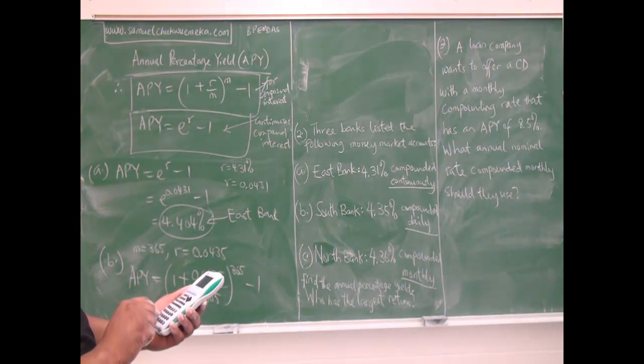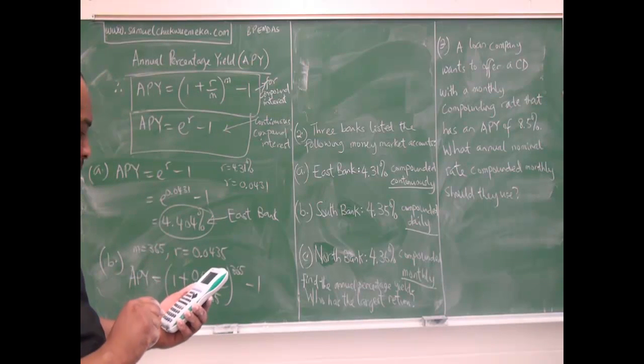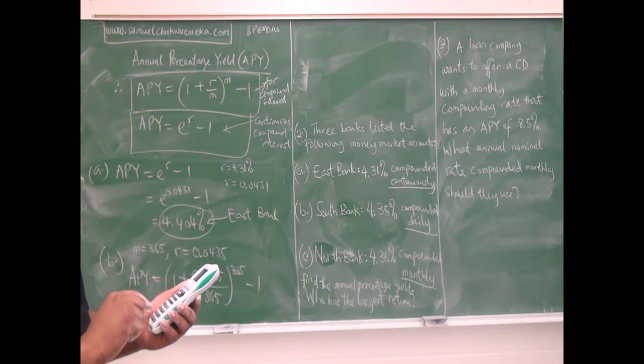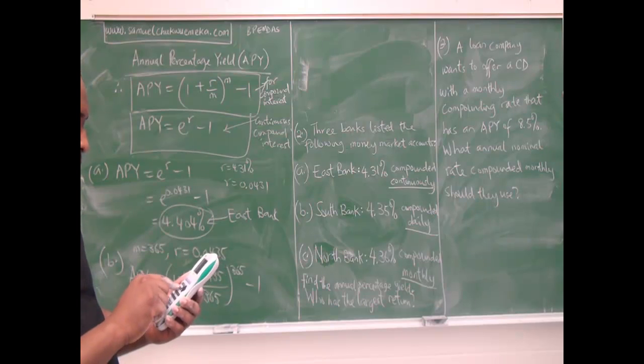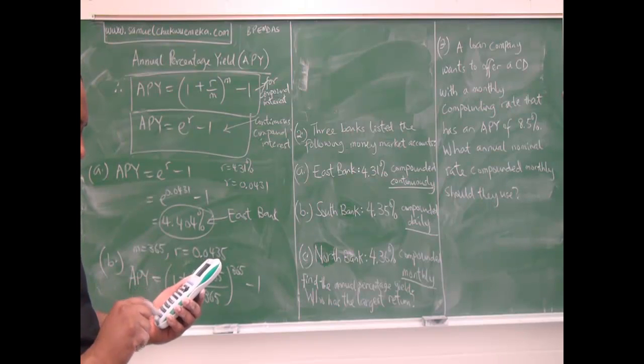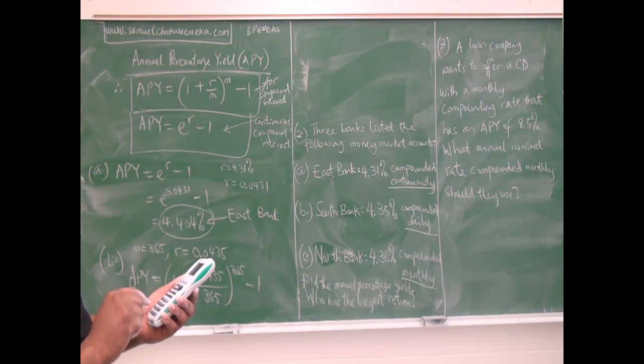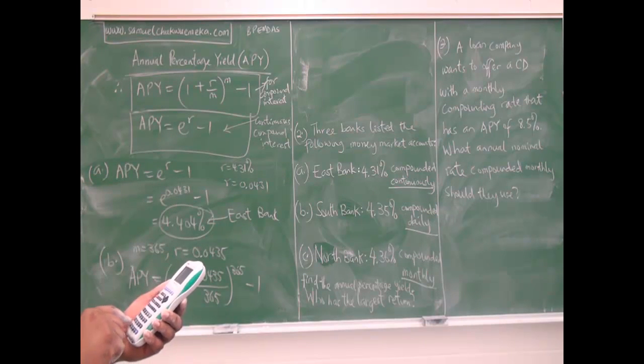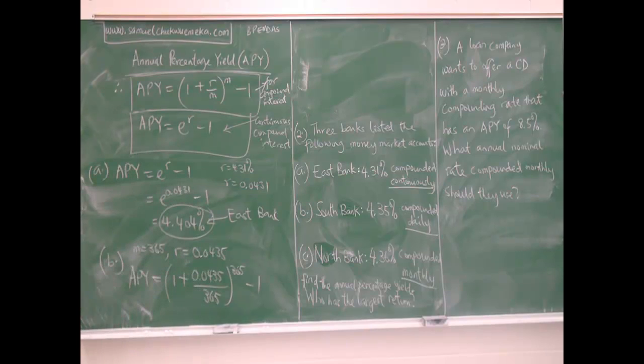So 0.0435 divided by 365 gives you that, then plus 1 gives you that, then raised to power 365 gives you that, then minus 1 gives you that. Then multiply by 100 and change to 3 decimal places.